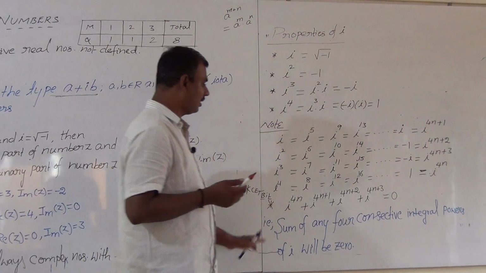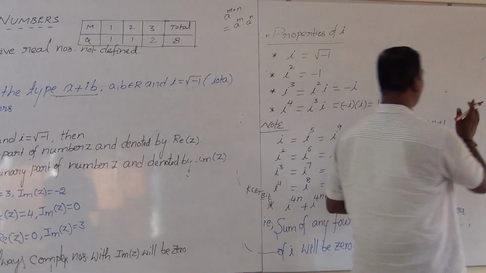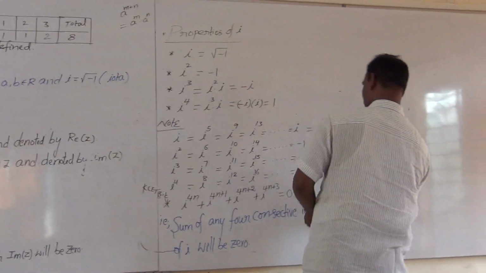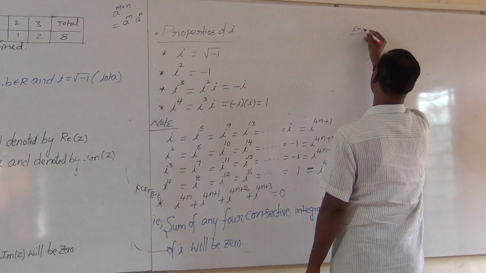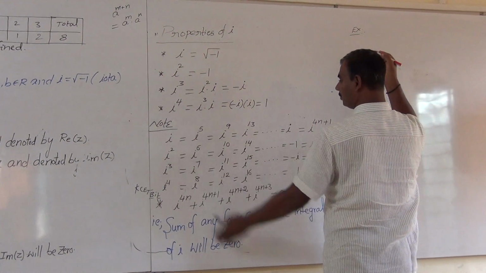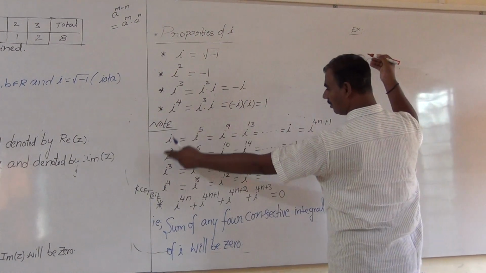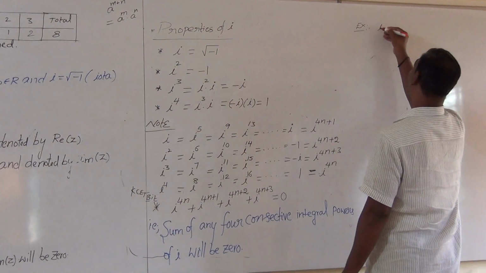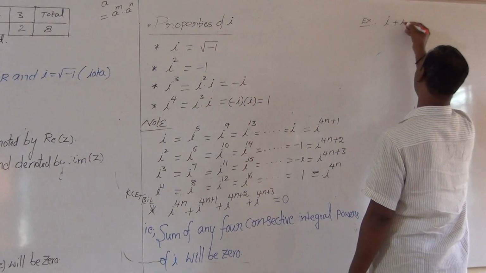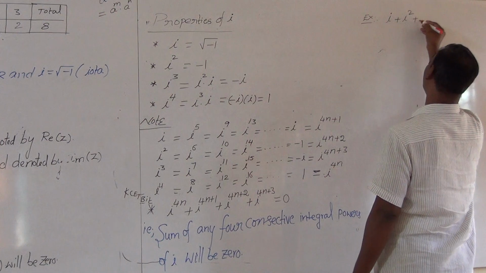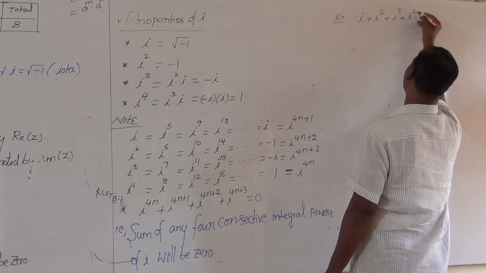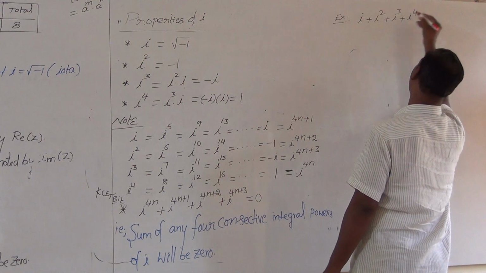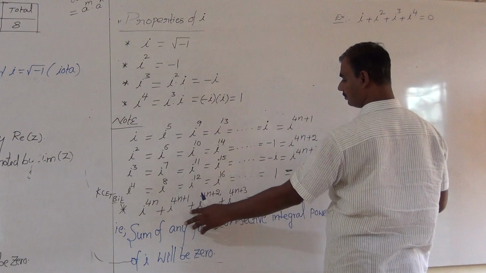For understanding this, we have to take some examples. For example, take these numbers: iota plus iota square plus iota raised to 3 plus iota raised to 4 will always be 0.